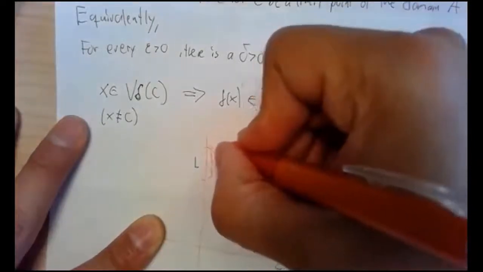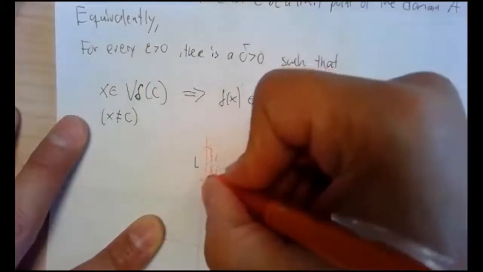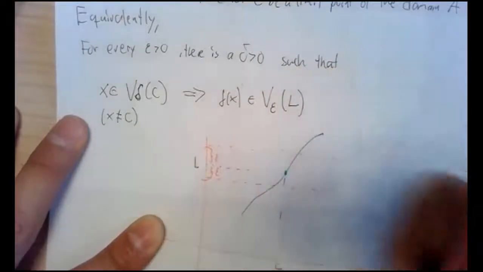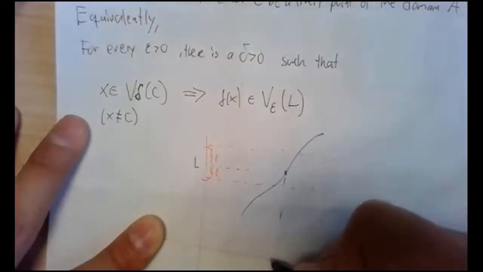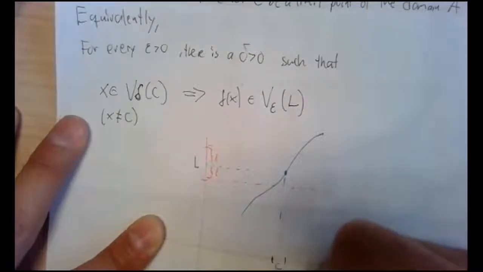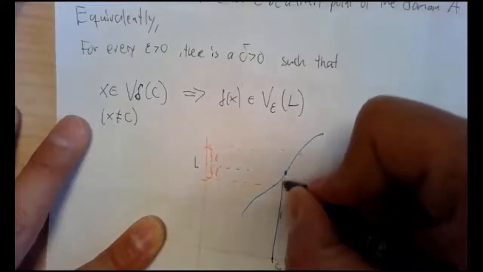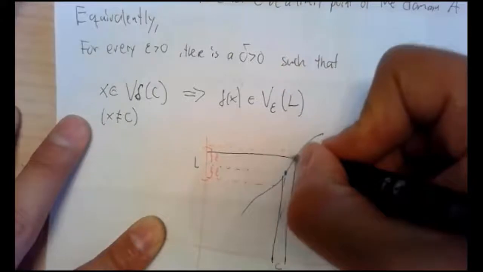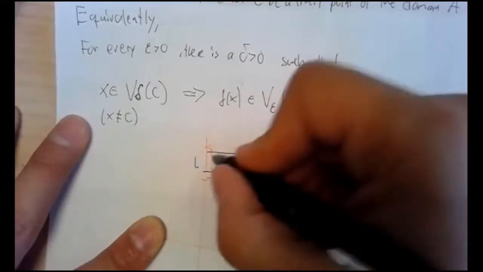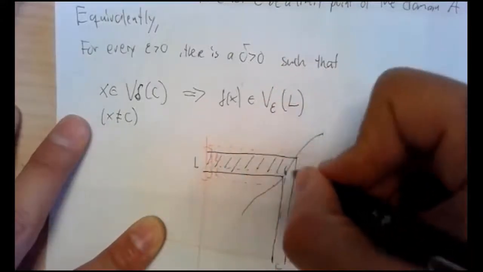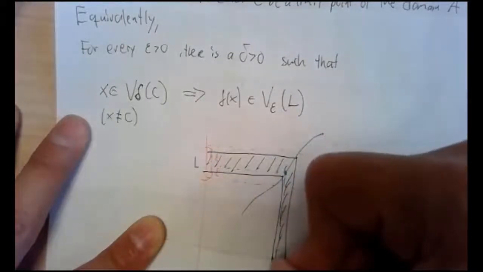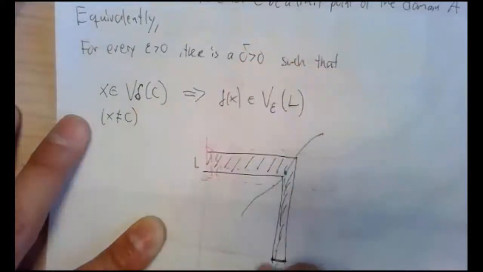And then you should be able to find some delta neighborhood over here, a delta neighborhood around c, such that when you map these up, these numbers all fall inside your original one. So this part over here, when you map this segment, this neighborhood, it goes inside this part over here.